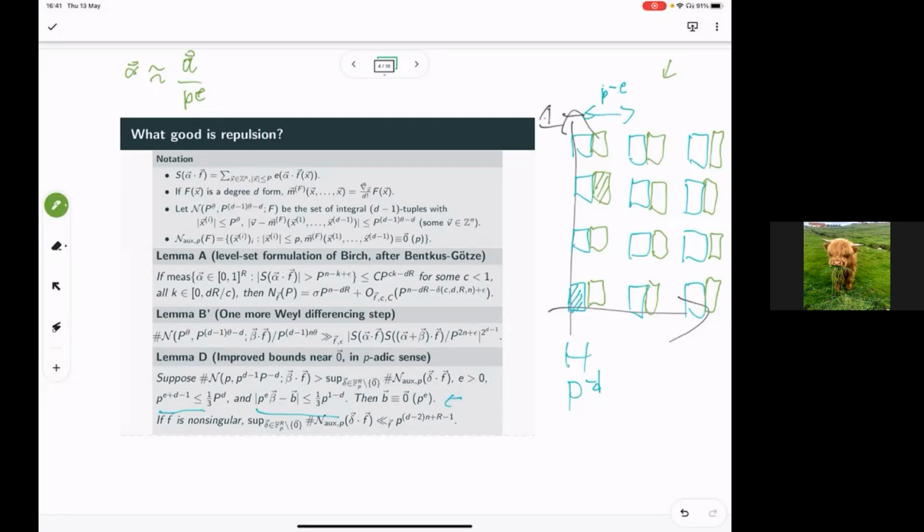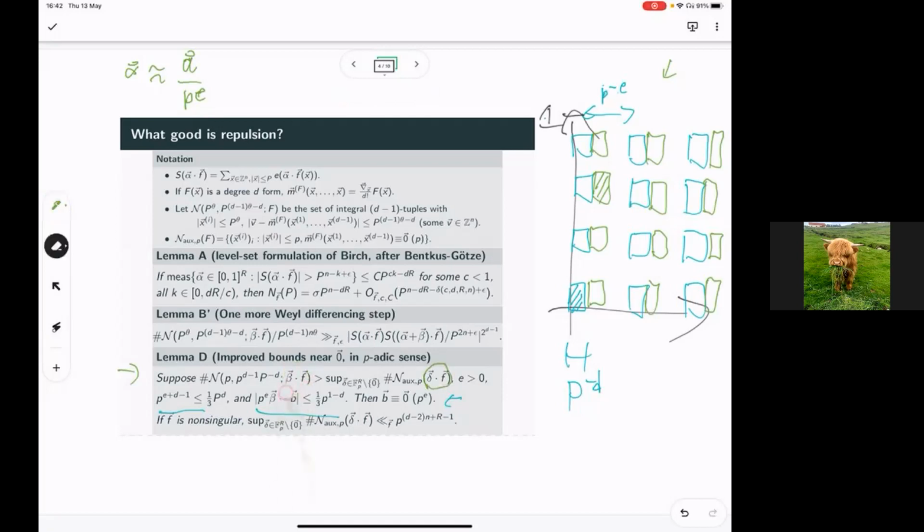So this is that in this p-adic repulsion argument, we only ever use properties of linear combinations of the forms.